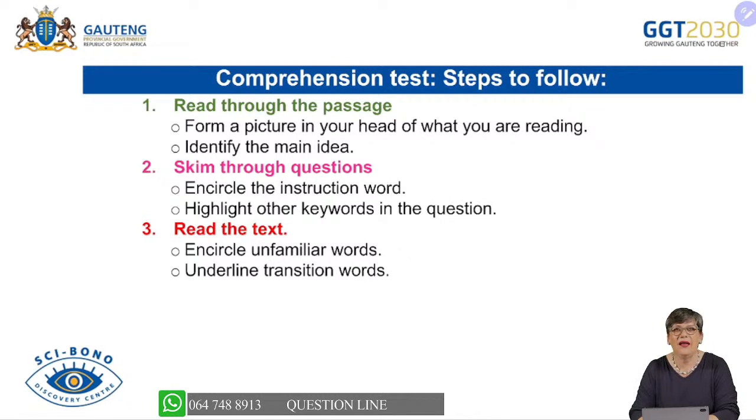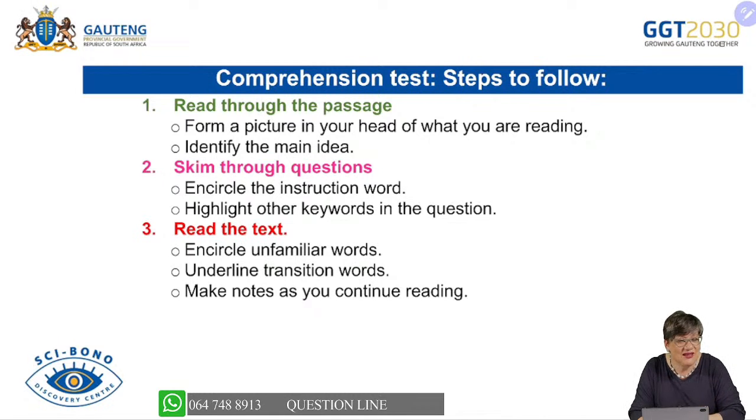See if you can find the linking words between paragraphs. You can even make notes while you're reading. And remember, you've seen the questions, so you know what to look for. So while you're reading again, if you find the answer to a question, make a quick note there.